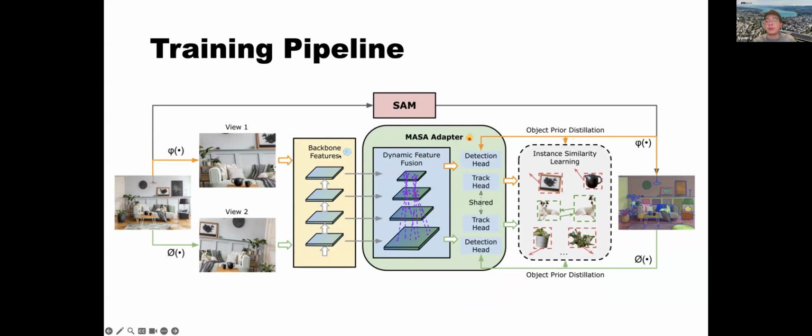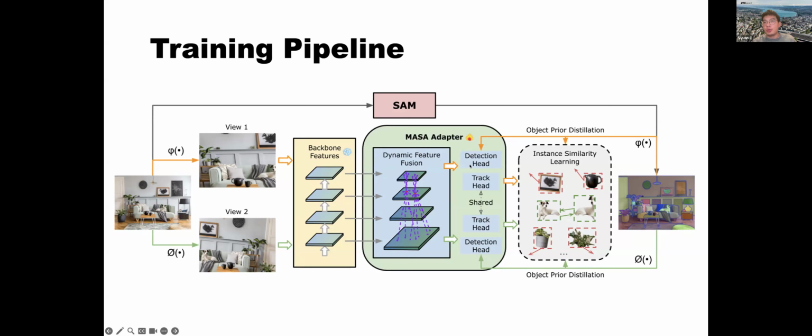And we freeze the features because we do not want to destroy the detection ability of those image-trained models. And then we have a learnable module called the MASA adapter, which basically transforms these backbone features in multi-scale and fuses multi-scale information.